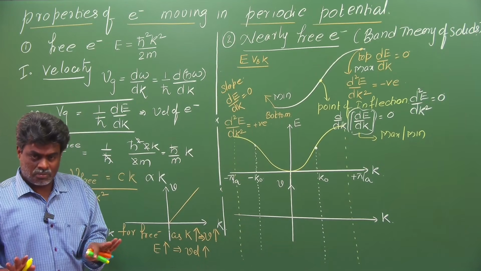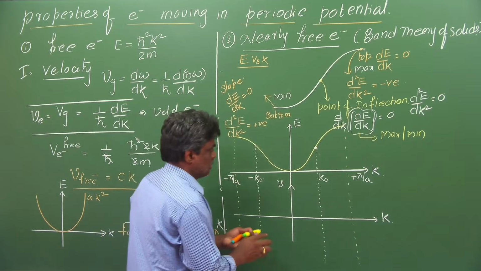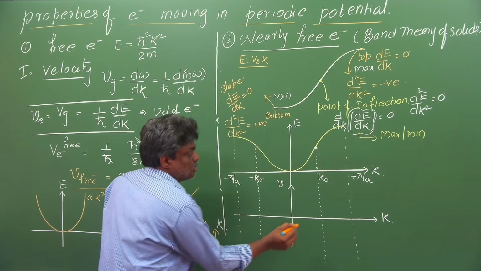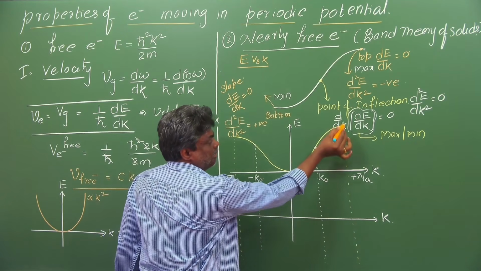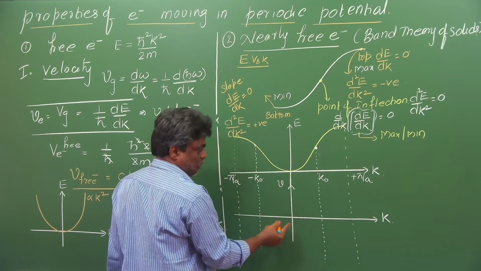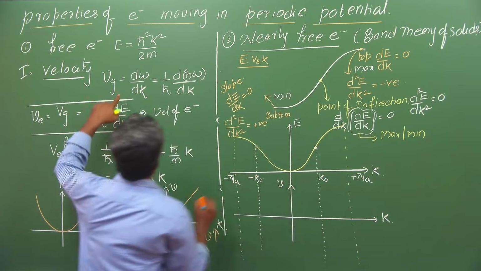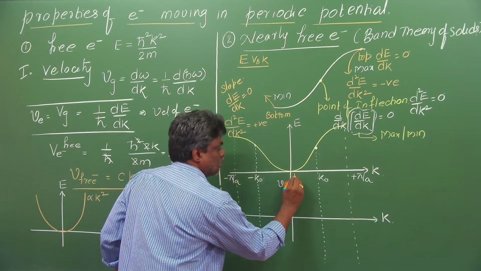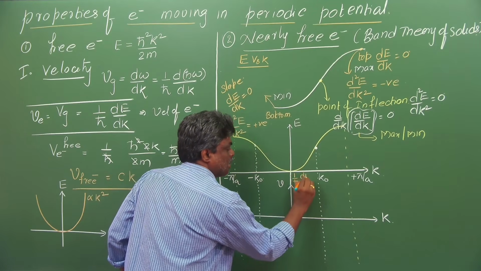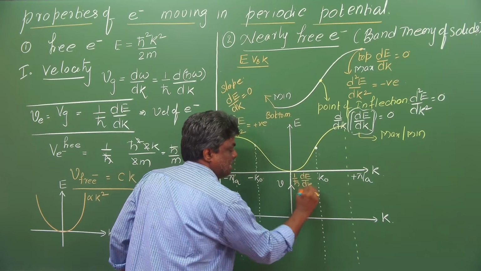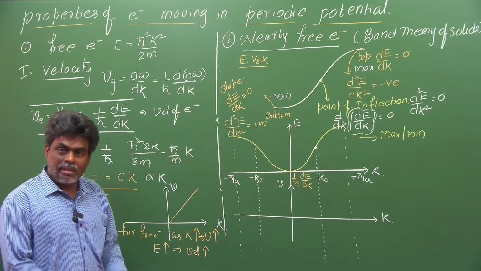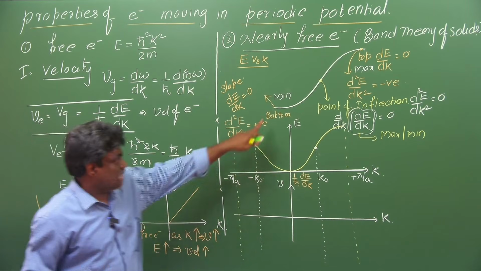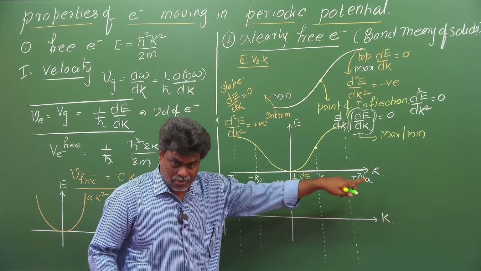Otherwise we will stop. Ready? At this point, we have already defined the formula: V equals 1 by h cross dE by dk. dE by dk is nothing but the slope of this energy versus k. Say yes or no? Right.